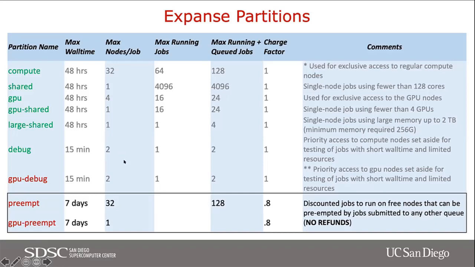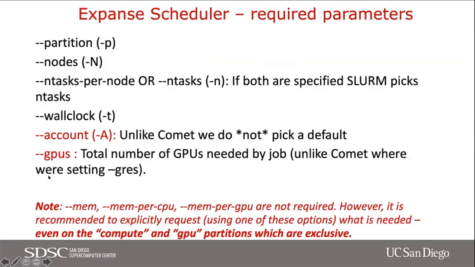We deliberately put a lower run limit on the number of jobs because on Comet we have noticed people trying to game the debug queue a little bit and roll through a lot of jobs, so we have a lower limit. And as I mentioned, we have the GPU debug partition now.